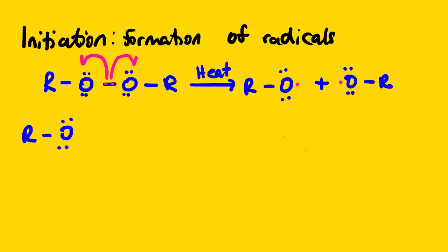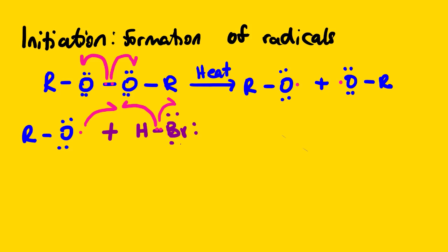One of these radicals will react with our hydrogen halide, whereby we have 1 electron, fish hook, and the movement of this electron. And then we have another electron, fish hook, because remember we have 2 of them.